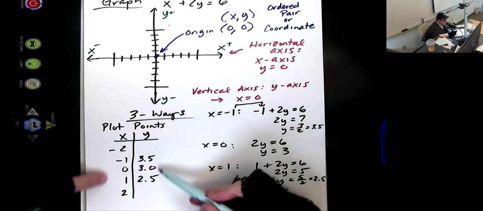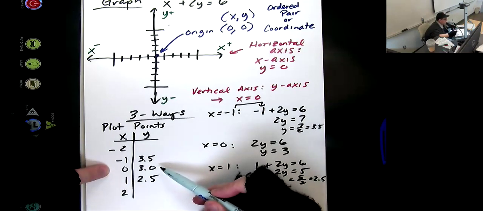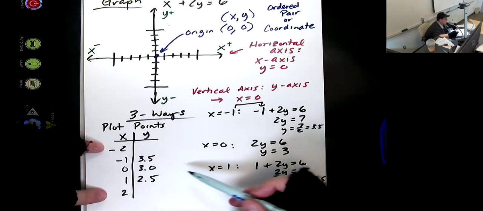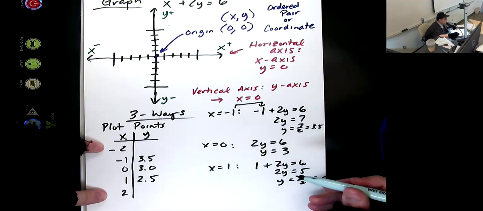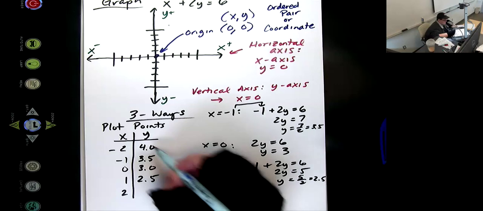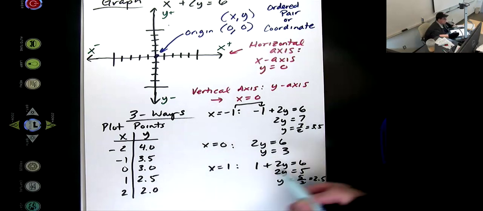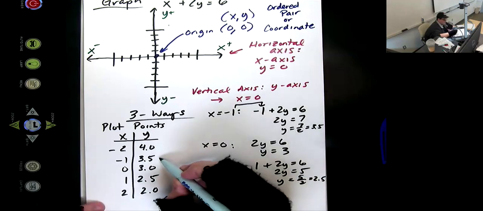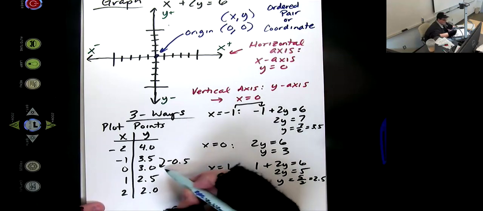Looking at the numbers that we did grab, these 3 we grabbed right here, do you guys have any idea what -2 or +2 is gonna be without doing the equation? 4 and 2. 4 and 2, how'd you get that? The same 0.5 away from the last point. So it's going down 0.5 each time, right?